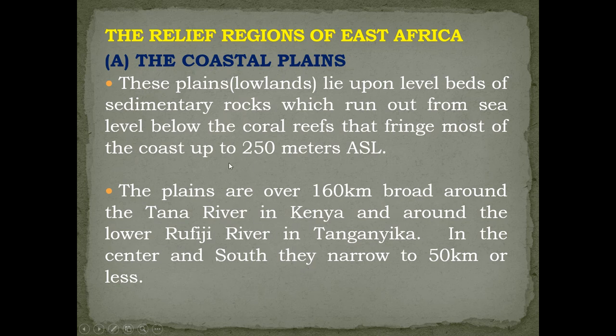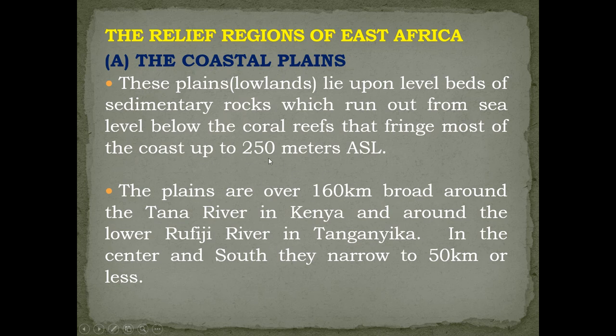Maybe when we come to vegetation, we shall identify that the major type of vegetation found in the coastal plains is what we call the mangrove forests. Take note of that.